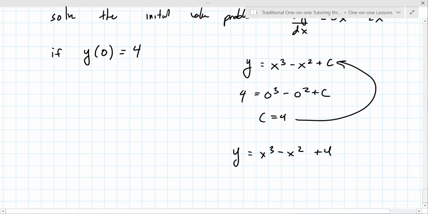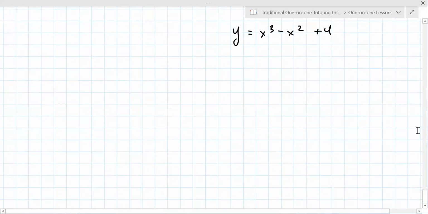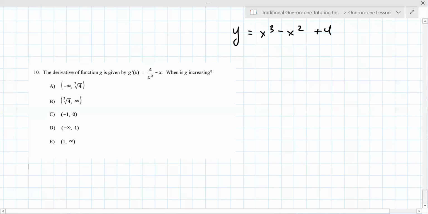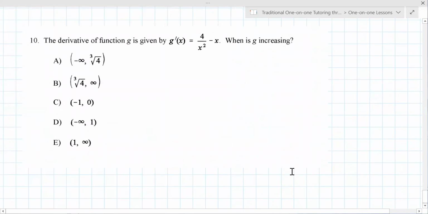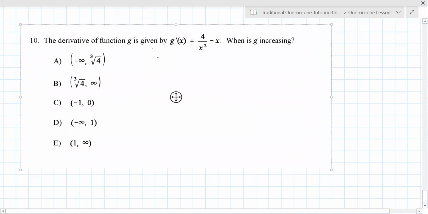All right, so the next type of problem I'm seeing here, I guess I'll just snip this in. Let's read it together first. The derivative of a function is given by. So they're giving you the derivative. You don't have to take a derivative.